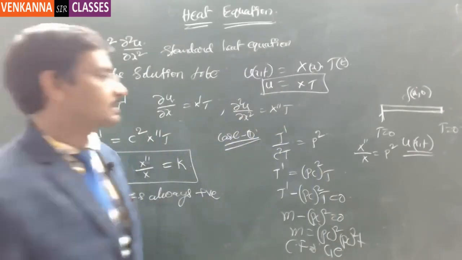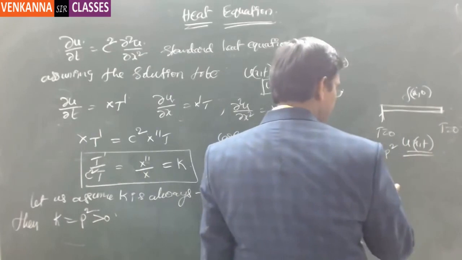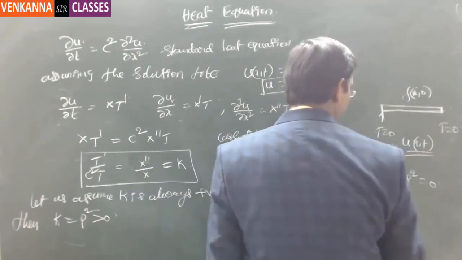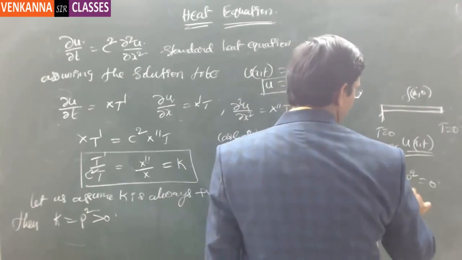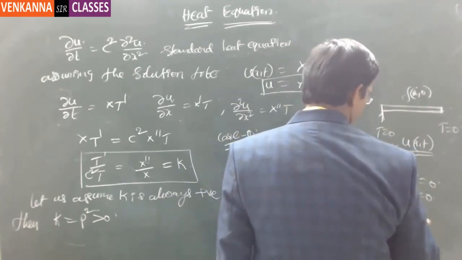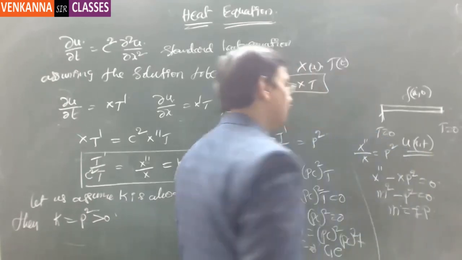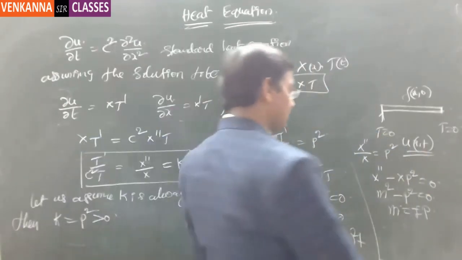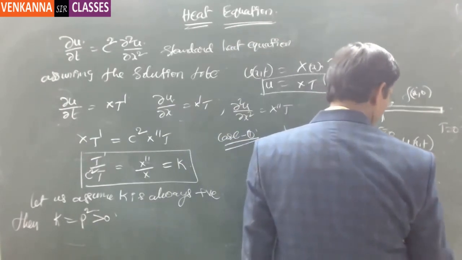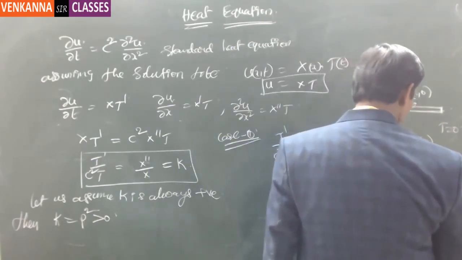Got it? And in exactly the similar manner, X double dash minus p square X equal to 0. The auxiliary equation is m square minus p square equal to 0, then m is equal to plus or minus p. Then the complementary function is C3 sin px plus C4 cos px.